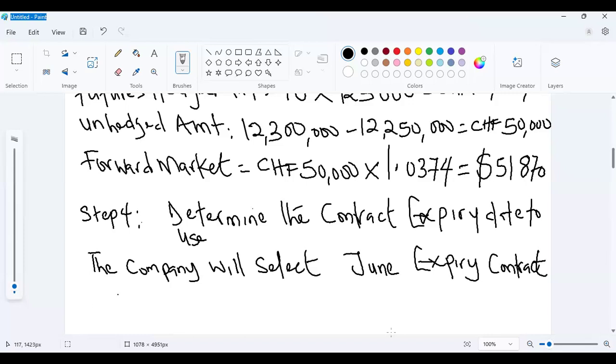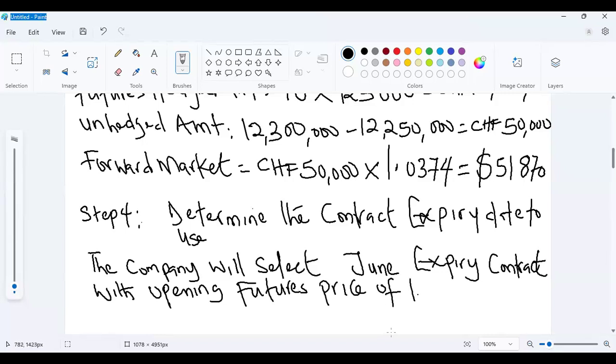There is a price attached to that June contract, with an opening futures price of 1.0369. You are going to put the price that is attached to that particular contract you have selected.